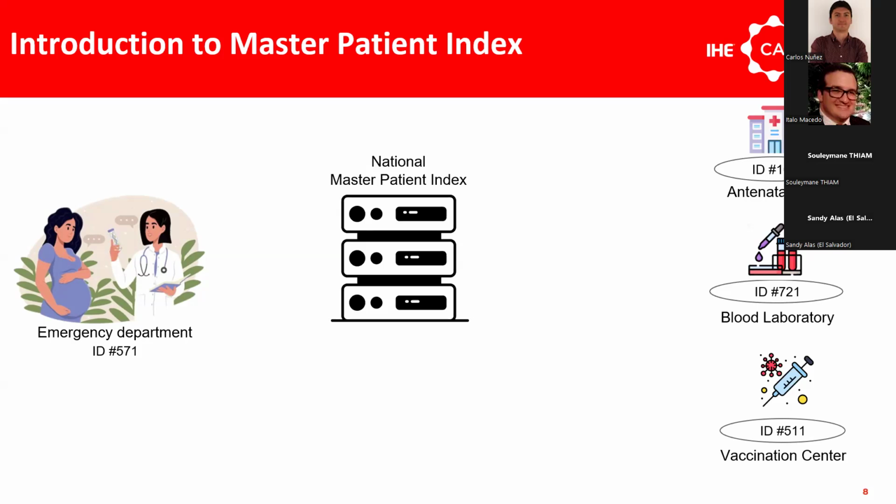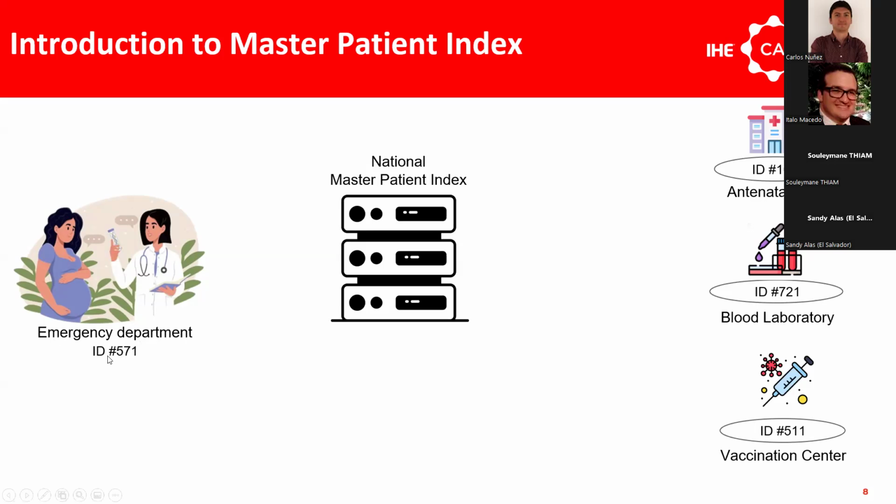So we can update the patient, merge, add a new patient in the MPI, and we can also delete a patient in the MPI. The next stage is to allow the emergency department, for example, if they would like to retrieve the blood laboratory results.